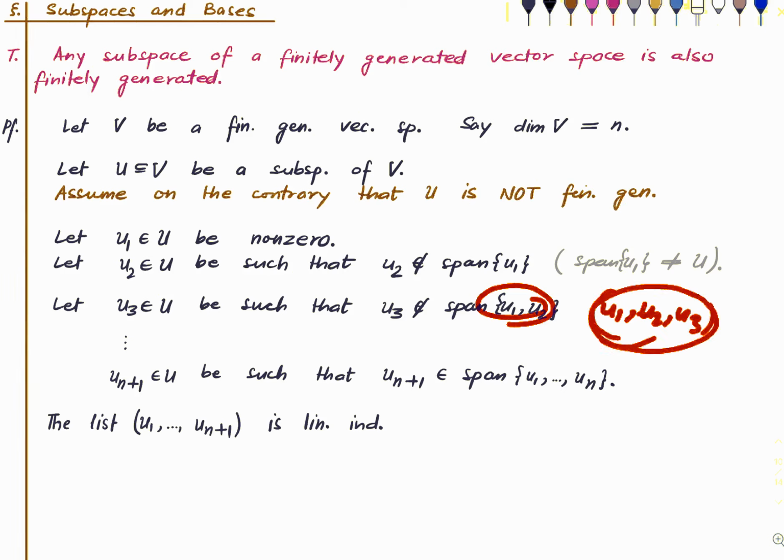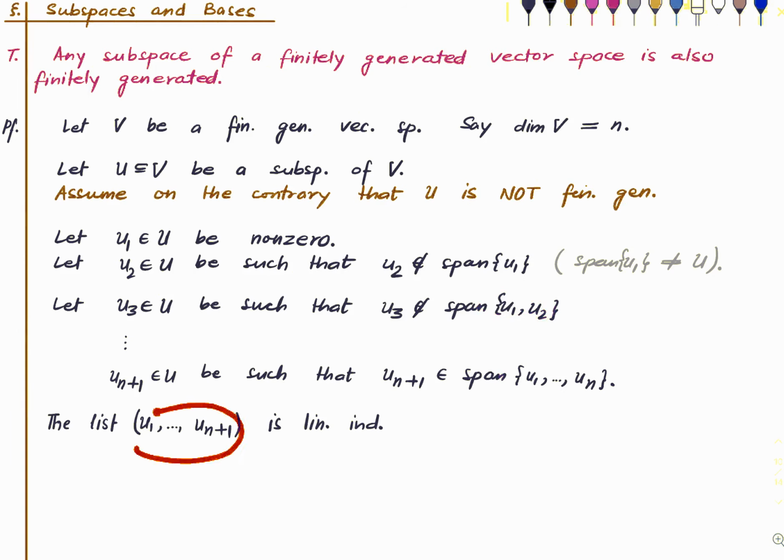If you just continue this reasoning, you will find that this is a linearly independent list. And hence this is a contradiction, because no linearly independent list can have size greater than the dimension of the vector space, as we proved in our main theorem. So this gives the required contradiction. And we are done. So any subspace of a finitely generated vector space is finitely generated.